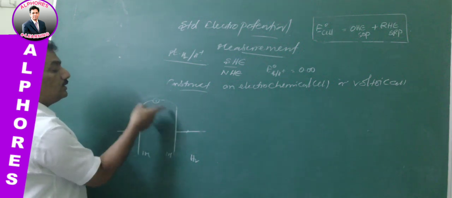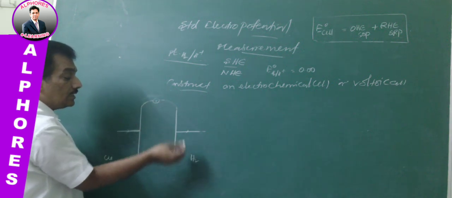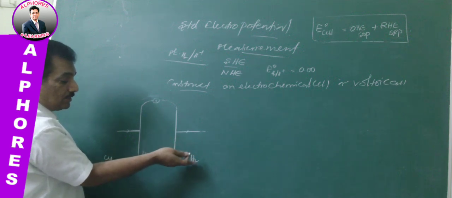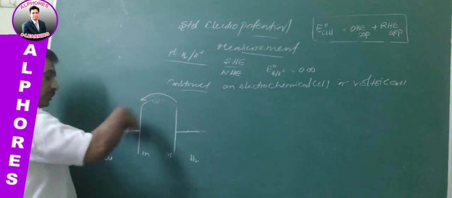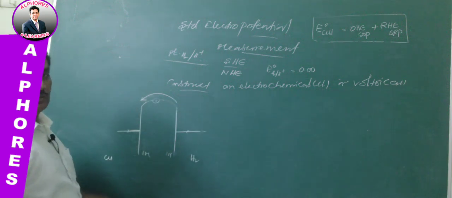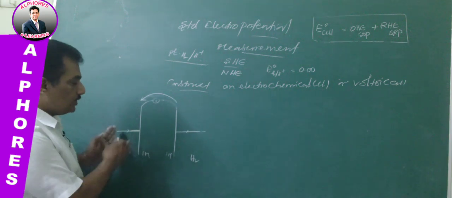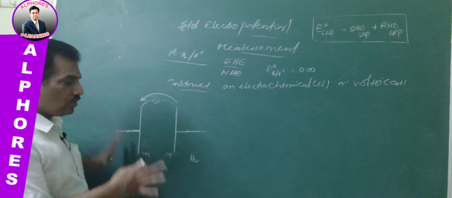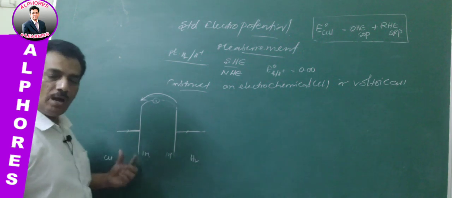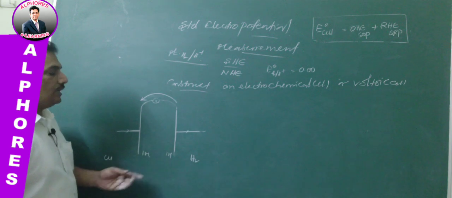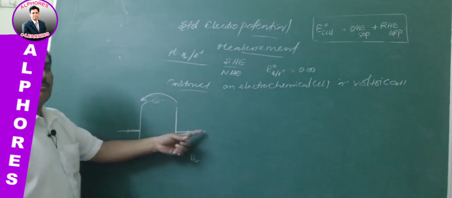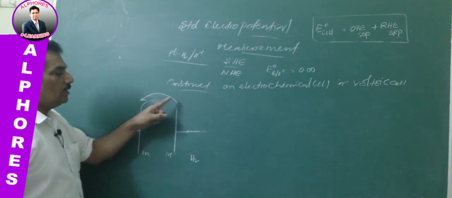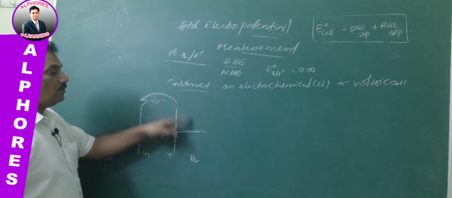And from the voltmeter reading, it is observed that even though hydrogen is on this side and copper is on this side, electrons are migrating from hydrogen to copper. So it is not about the left or right positions, just observe, it is a tendency of copper to go for reduction. That's why hydrogen is releasing electrons, and from the voltmeter reading we can observe that the electrons migrate from hydrogen to copper.